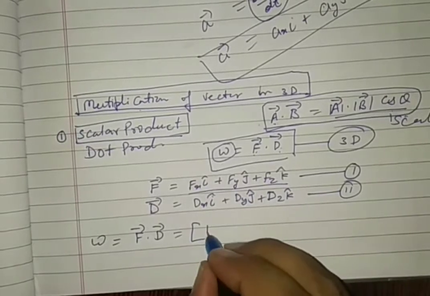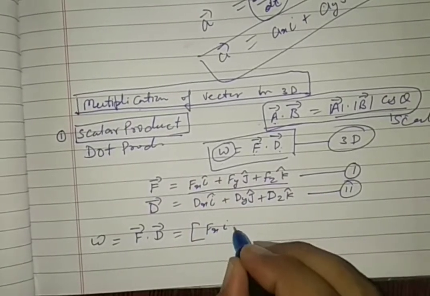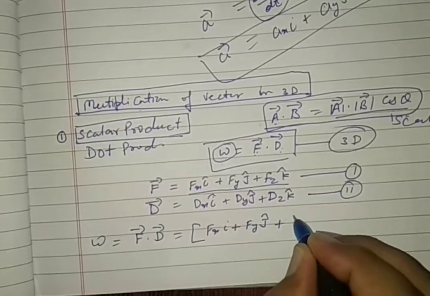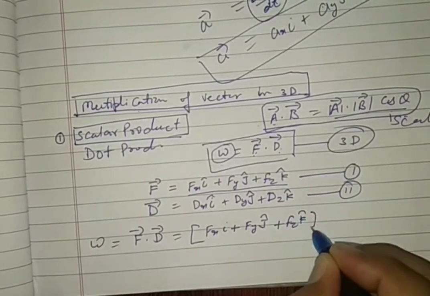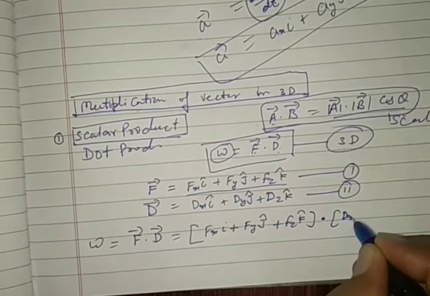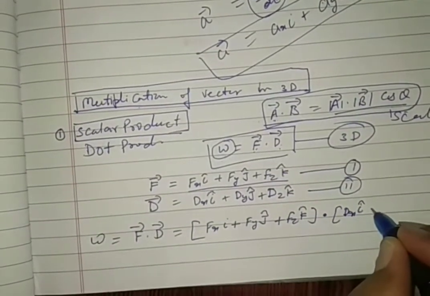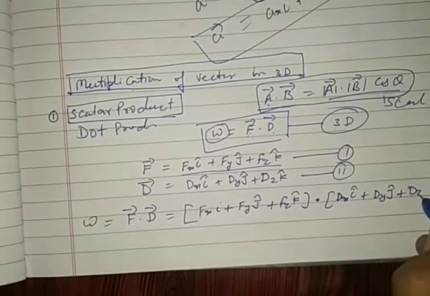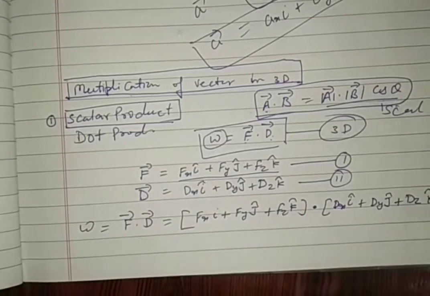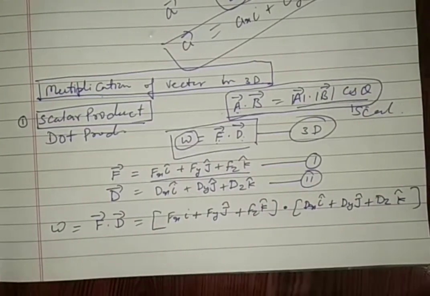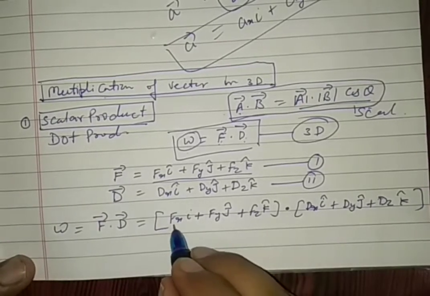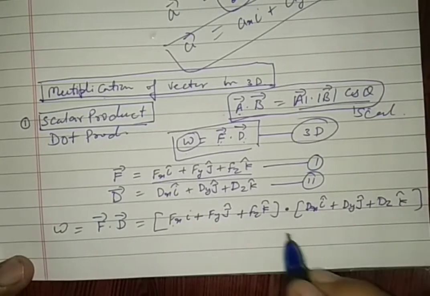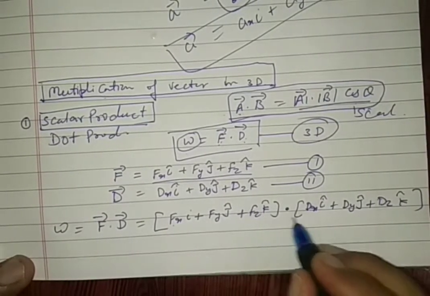So when we obtain the dot product of these two to calculate work done, we will keep this value: fx i plus fy j plus fz k dot dx i plus dy j plus dz k. See very carefully here: fx will be multiplied by all three terms, fy will be multiplied by all three terms, and fz will be multiplied by all of these.